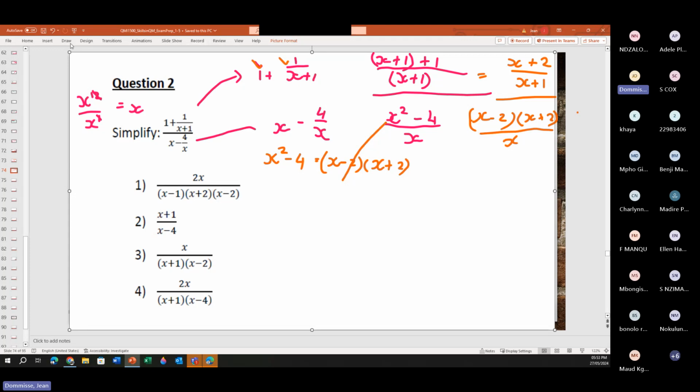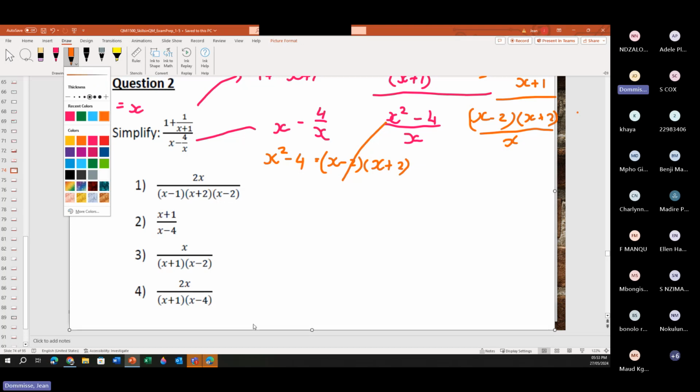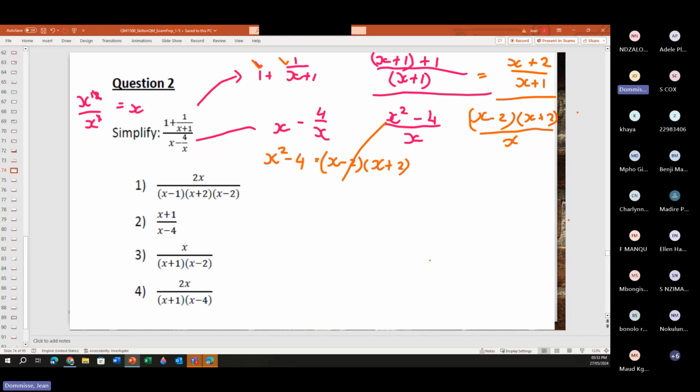Okay, so let's, and we should have actually done that from the start. Let's just rewrite that. So we've got that. That's a 1. That's a second one.